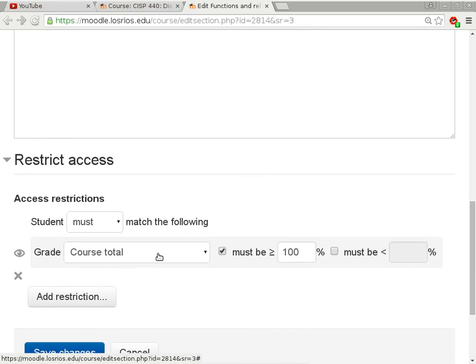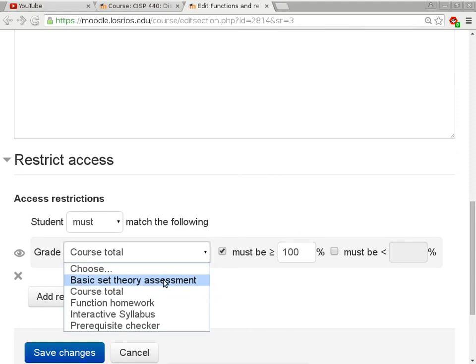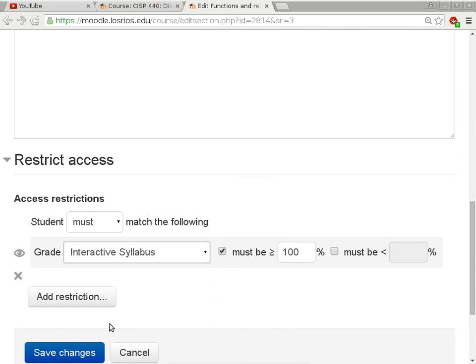Yep, I picked course title must be 100%, which means you have to get a perfect score in order to read the notes, in order to study to get a perfect score. And I really only meant to use the interactive syllabus. I picked the wrong one.